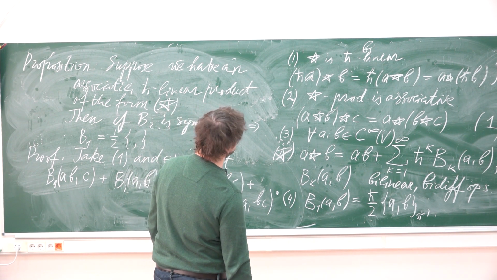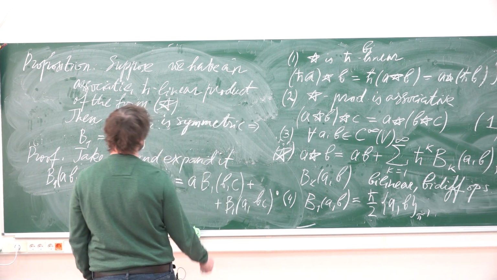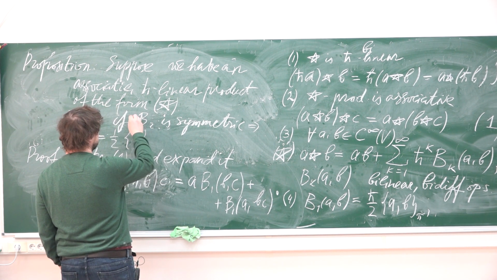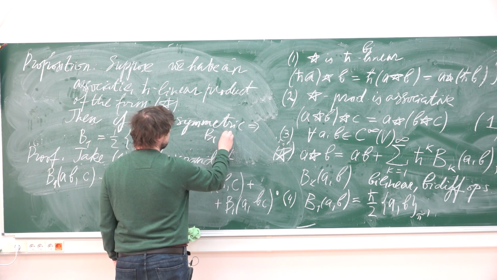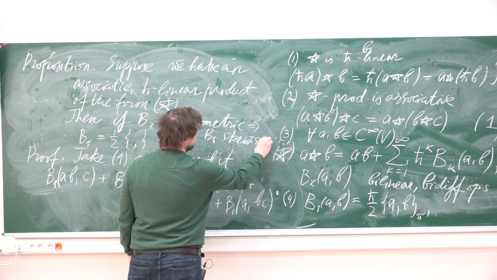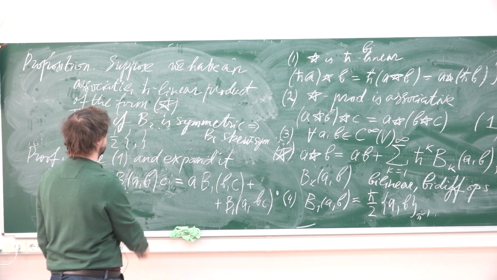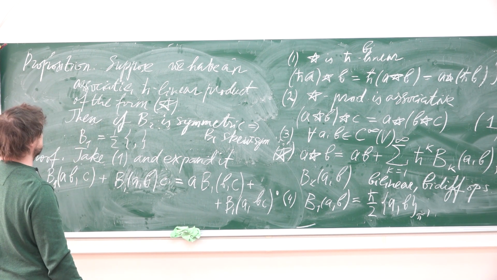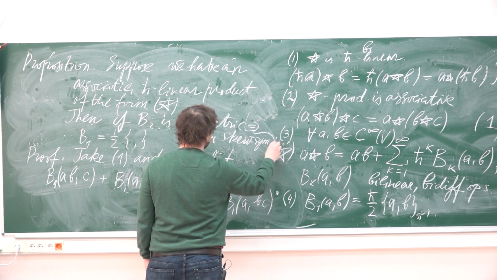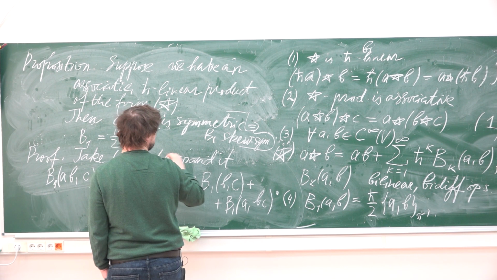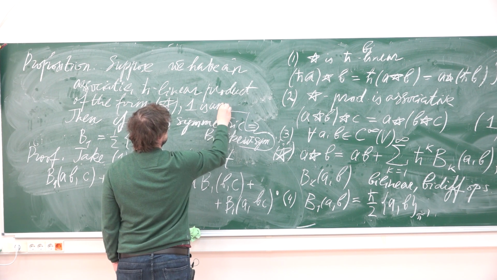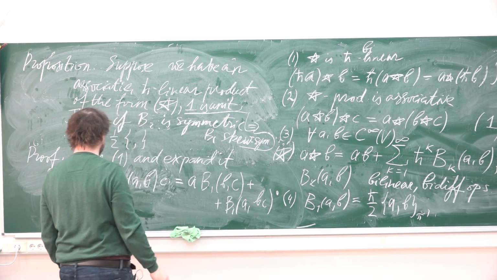If B2 is symmetric and B1 skew symmetric, I probably need the condition that 1 is the unit.